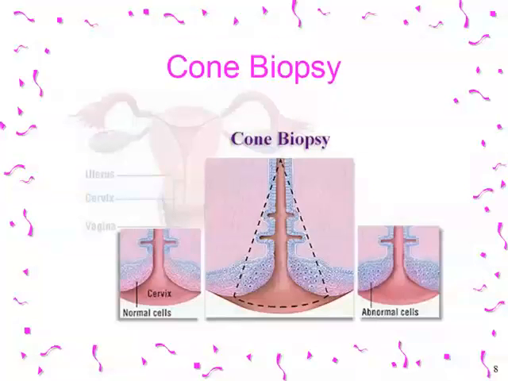Oozing is typically controlled by packing, and that's usually kept in place for about 24 to 48 hours. During this time frame, the patient is told just to rest, avoid any heavy lifting for about 3 days or so, and to let the patient know that the next 2 to 3 menstrual cycles can be heavy and prolonged due to having this procedure done.